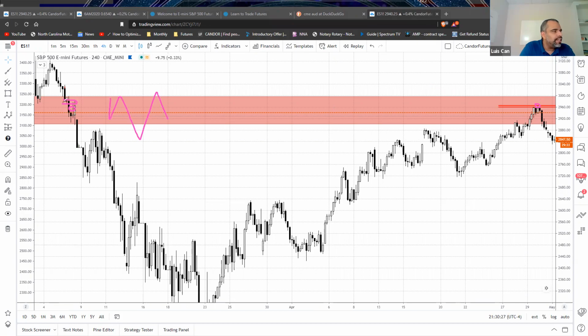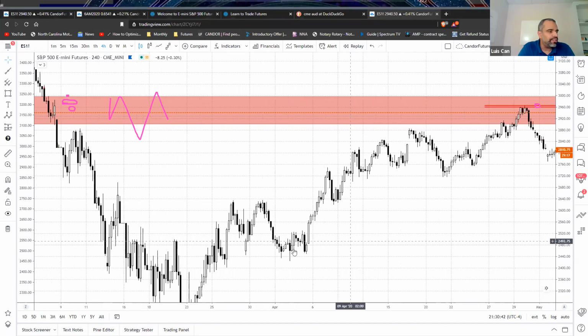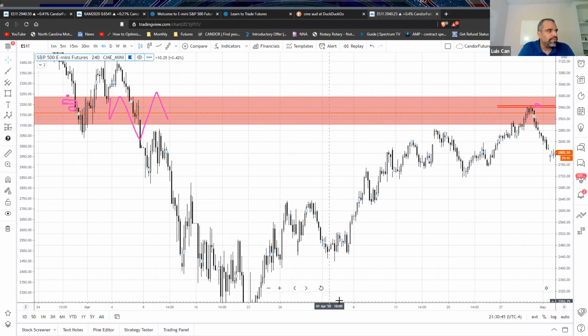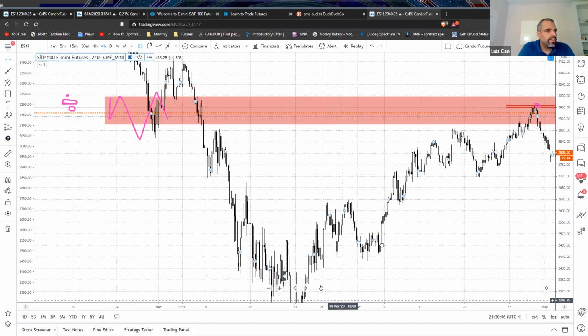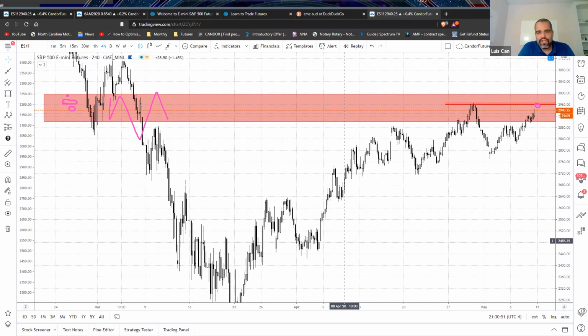Because here you have another point, and that makes that entry that we just did, assuming the 66 and a quarter, a little riskier right here. Let me delete those colors.